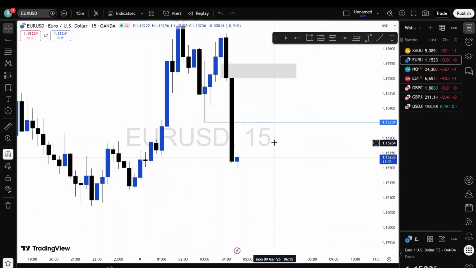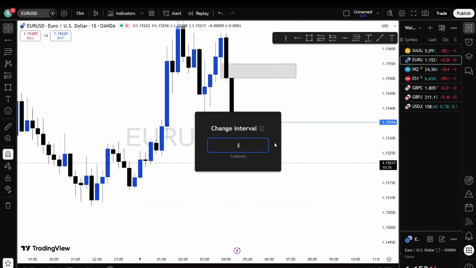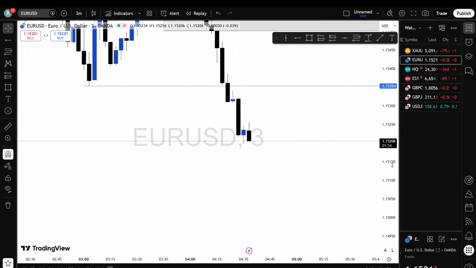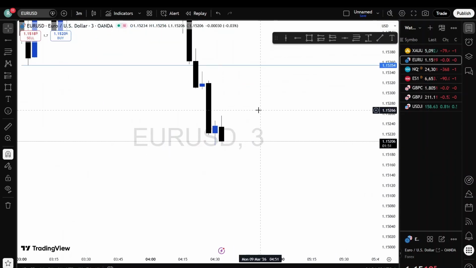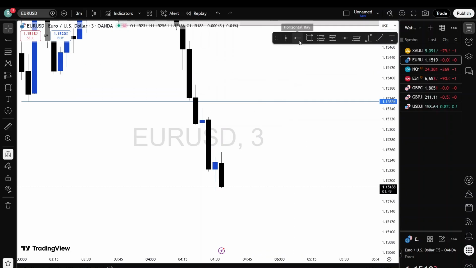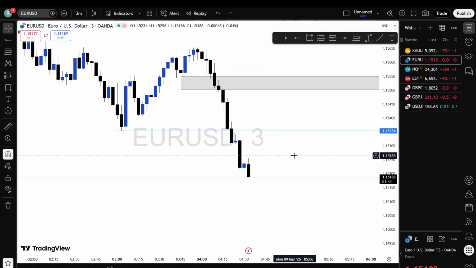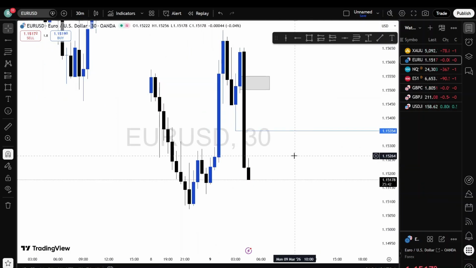And now in this EURUSD, okay, now maybe it will give some confirmation in some time. So the 3 minutes recent FVG got tapped. Okay, now it's giving that bearish pressure that was in the last 30-minute candle closing.